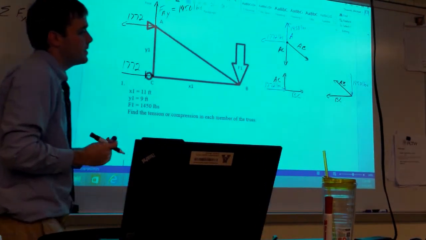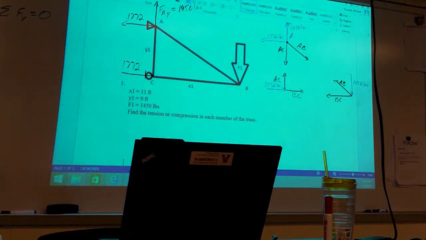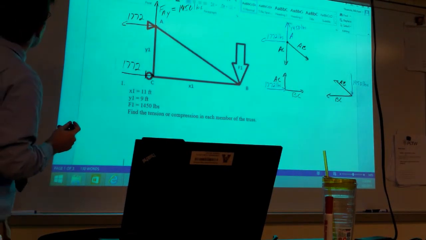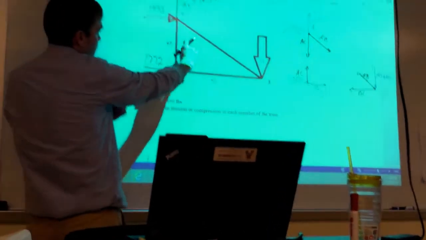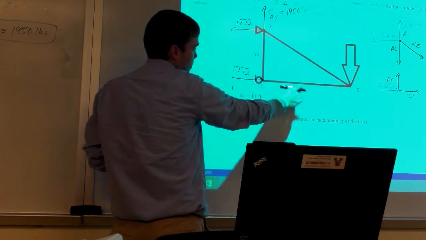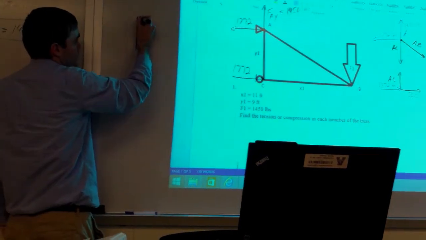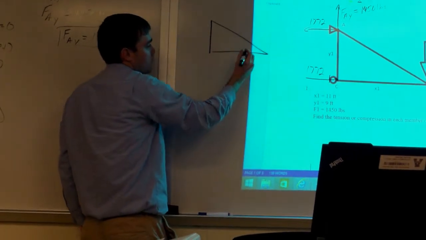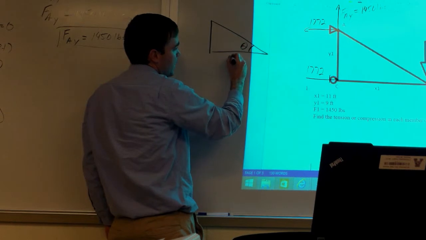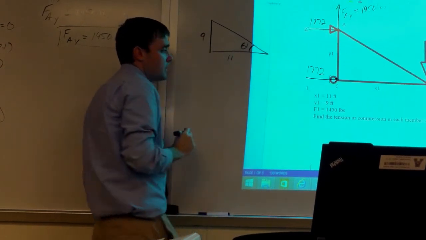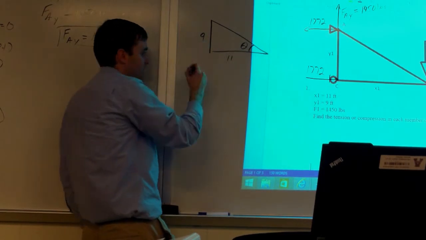Okay, what are we missing to solve for any of this? Angles. Let's erase this, conditions for equilibrium, for a second. So we have this triangle. If we want to solve for this angle, we have these two sides. How can we do that? We have the inverse tangent of said angle. Let's call that theta. So x is 11, that's 9. So this is going to be opposite over adjacent, which is tangent.